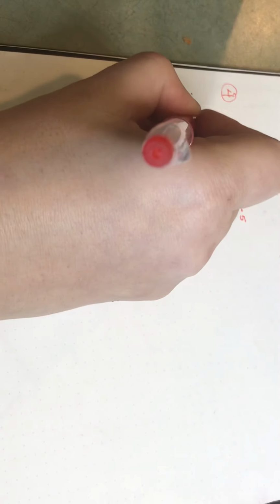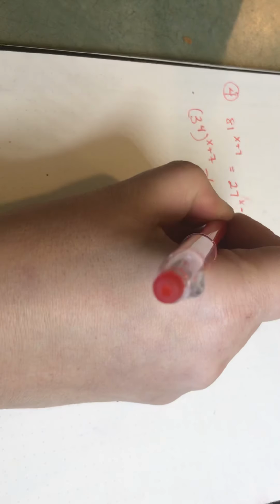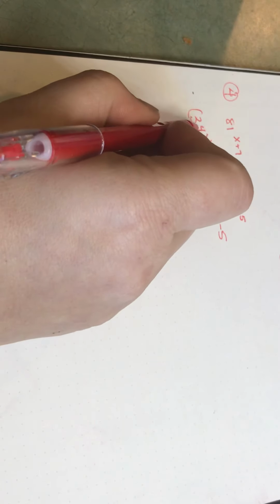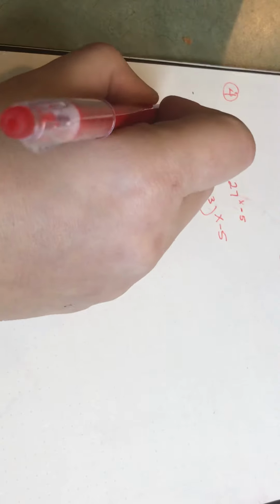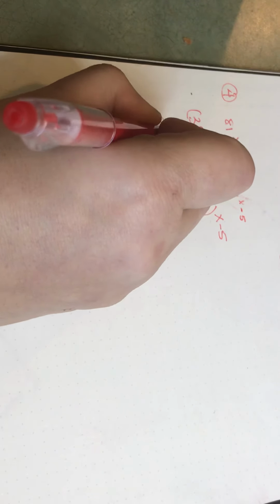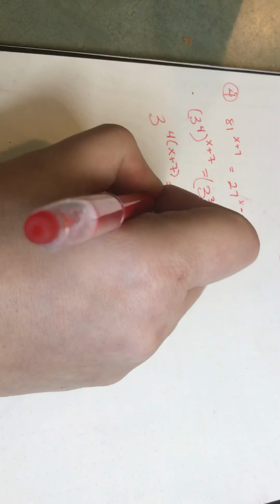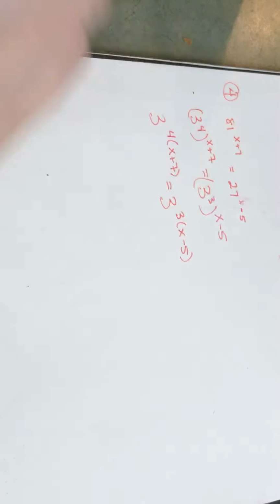So this is 3 to the 4th power to the x plus 7 equals 3 to the 3rd power to the x minus 5. And then when we raise a power to a power, we multiply the exponents. So this is 3 to the 4 times x plus 7 equals 3 to the 3 times x minus 5.